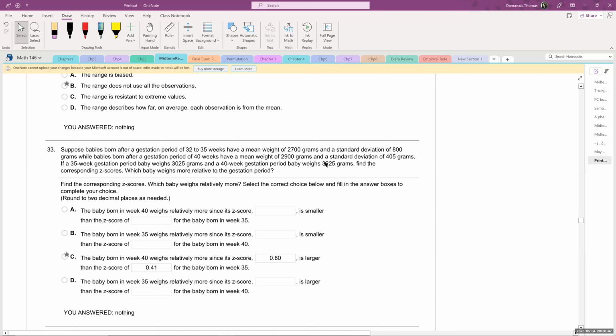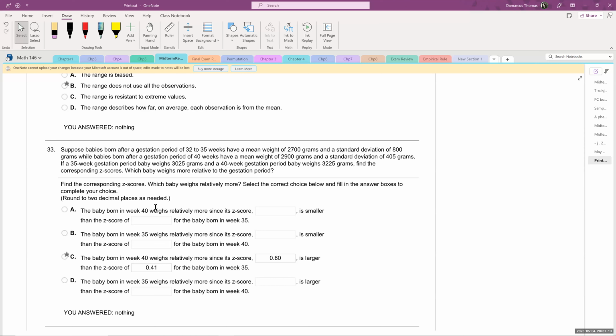If a 35-week gestation period baby weighs 3025 grams and a 40-week period baby weighs 3225 grams, find the corresponding z-scores and then compare them to determine which baby weighs more relative to the period that they were born in. And you can do that by comparing their z-scores.